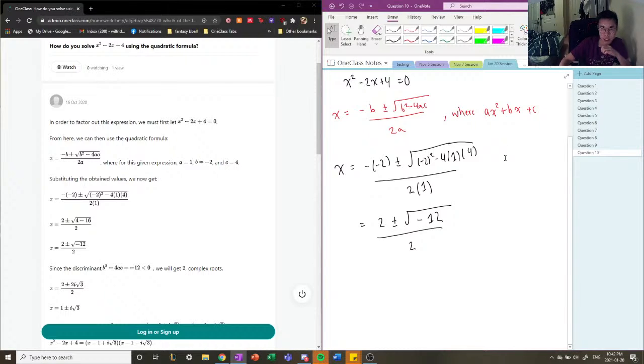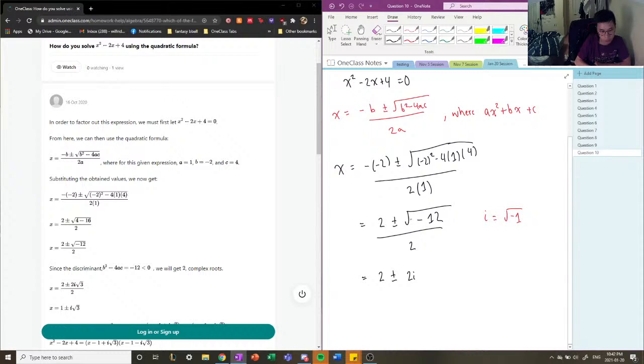But mathematicians have circumvented this problem by setting up a new imaginary number set, and we call it i. So i is basically equal to the square root of negative 1, and that helps us circumvent what we have here. We now know that our solutions to this quadratic equation are going to be imaginary, or in the complex number set. So we're going to use the complex number set to evaluate our function here.